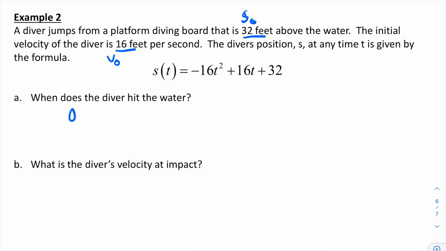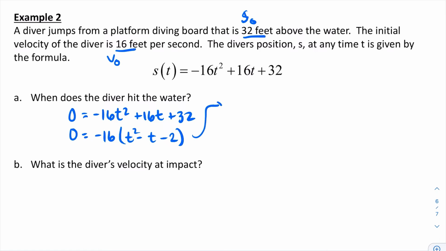So I set my equation equal to 0. And I factor out a negative 16 because that is a common factor of everything. I factor that out right?